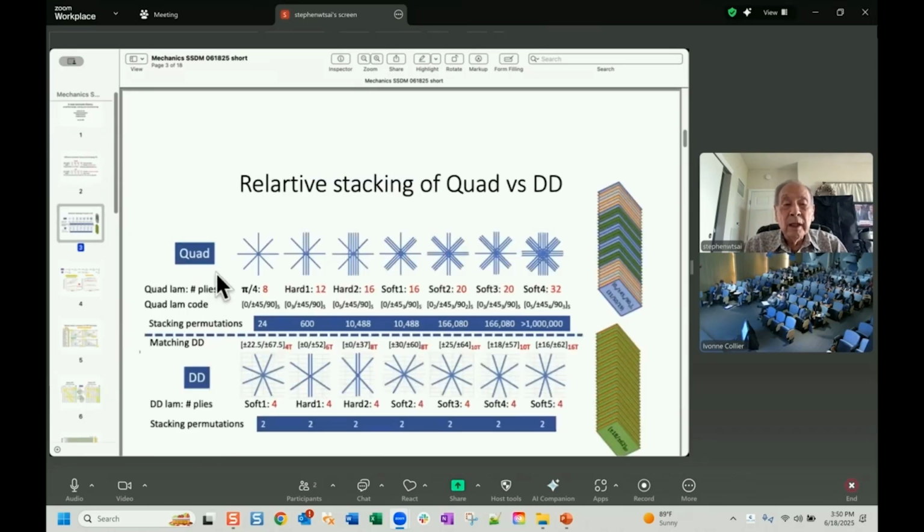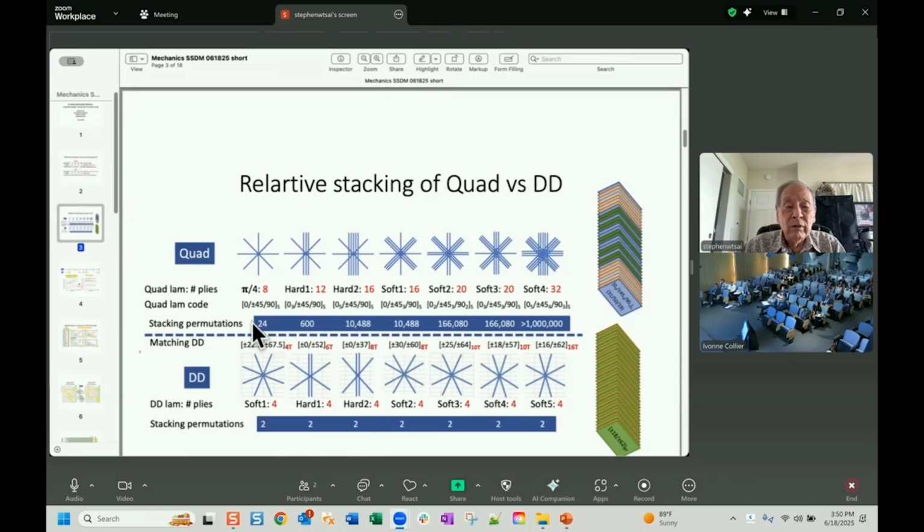So here are examples of quad of various numbers of plies. As you can see, the lowest is 8, the highest, in this example, say 32 plies. So they are fixed in 4 angles. And the problem with that, among all the other things, is that the number of stacking sequences is in the millions.